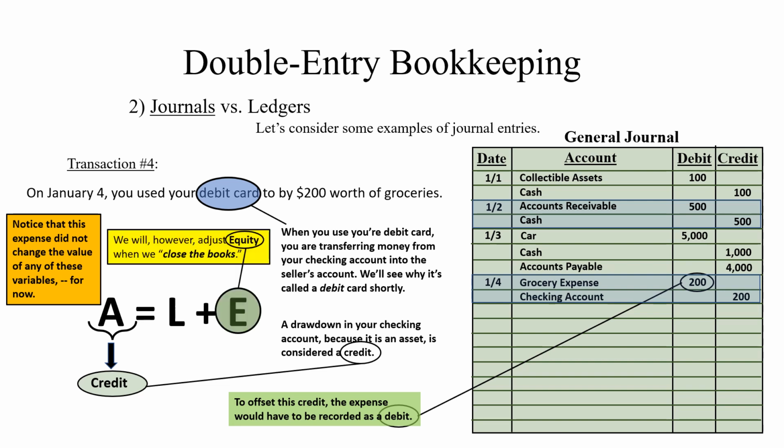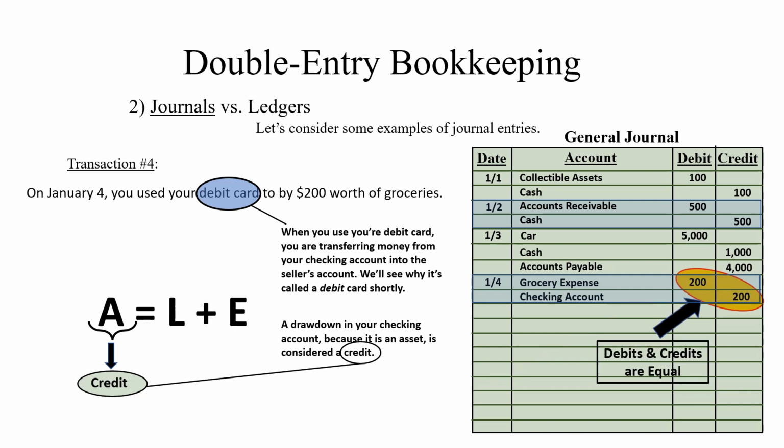We will, however, adjust the equity account when we close the books. You'll learn about that process in the next video. Just a quick check here, and we see that our debits and credits are equal for transaction number 4.